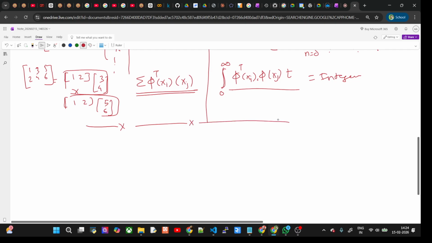Now this part we'll see. In general, how can we say whether it is a valid kernel?